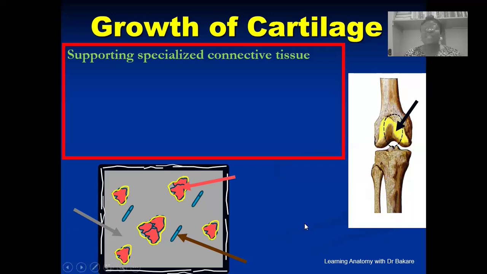And this ground substance is what provides the background onto which the cellular components and also the fibers, which of course is a subcomponent of the extracellular matrix, are embedded. So you see that it creates the platform onto which these cells and also the fibers are embedded. And these extracellular components are also distinct depending on the types of cartilage. We know that we have different types of cartilages.